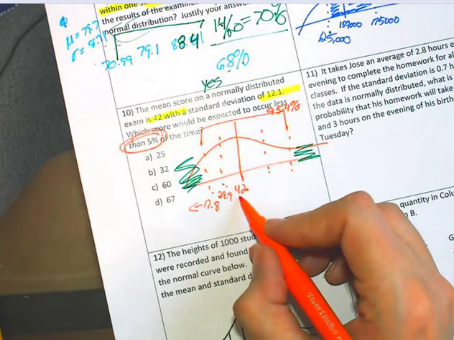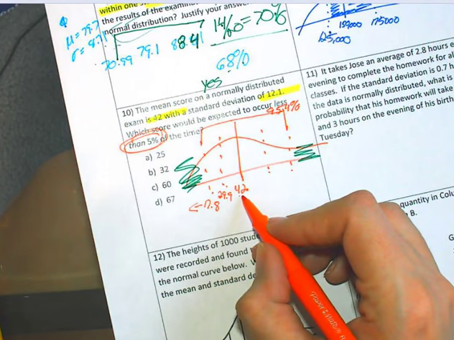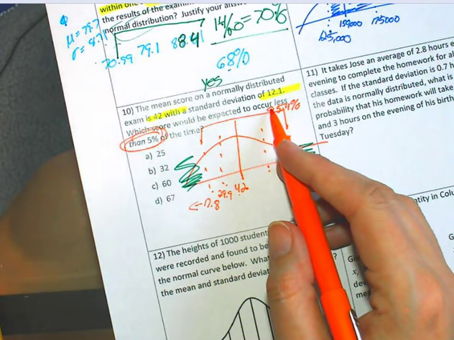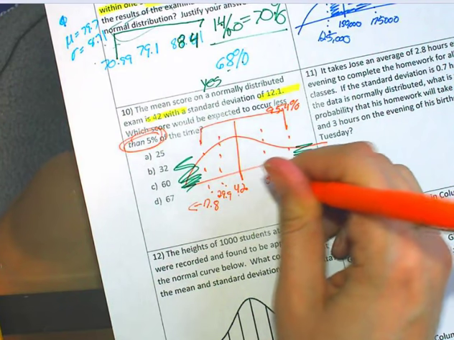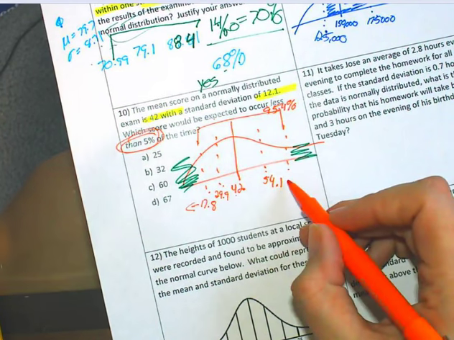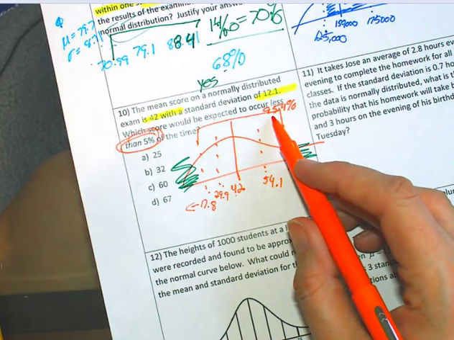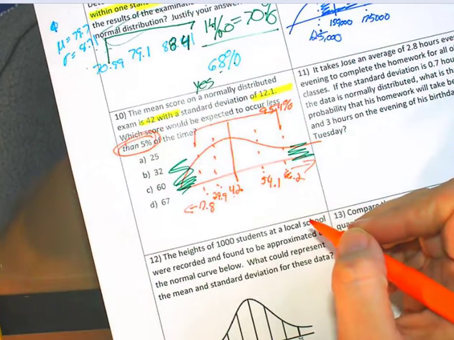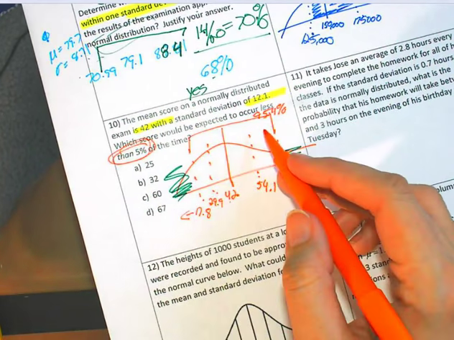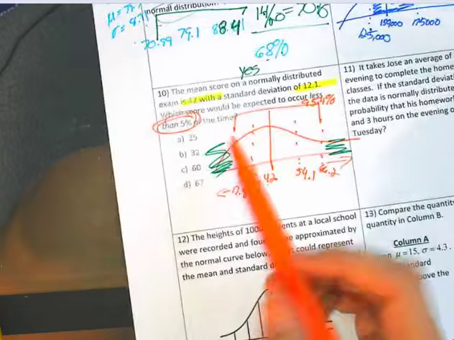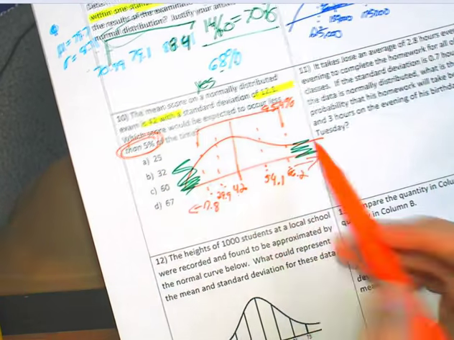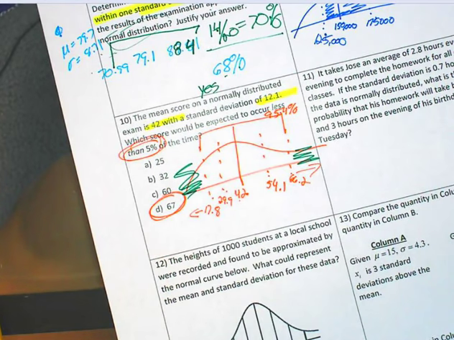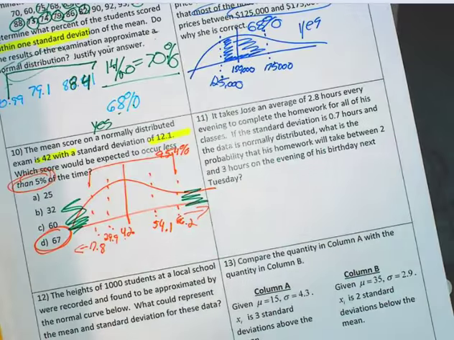And then 42 plus 12.1 gives me 54.1. And then we're going to add it again because I want to go one more standard deviation, 66.2. So anything above 66.2 would also occur less than 5% of the time. Okay, so if we look here, the only one that's above 66 would be D, 67. Okay, let's look at the next one.